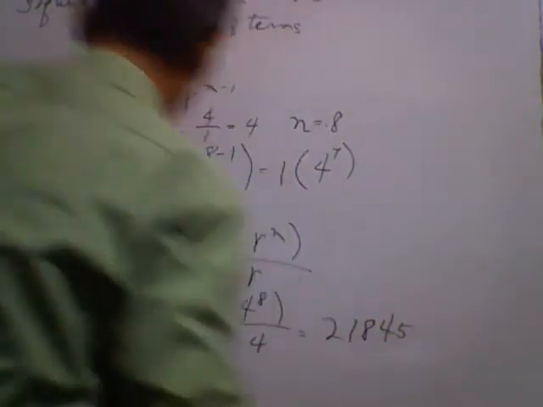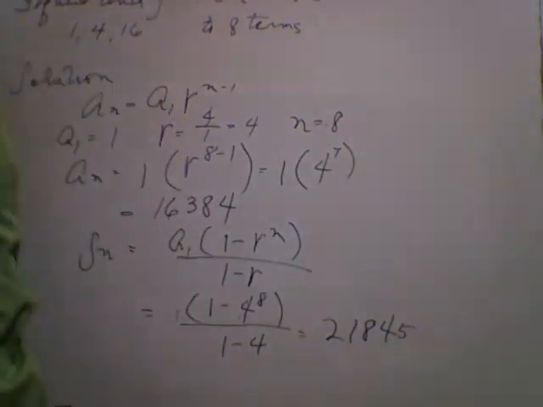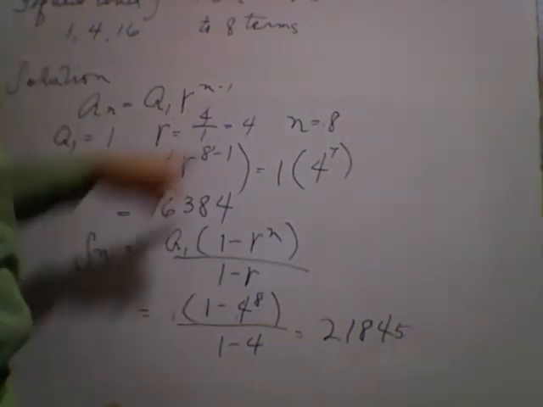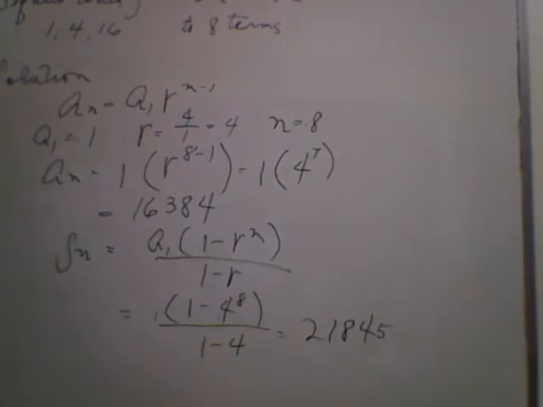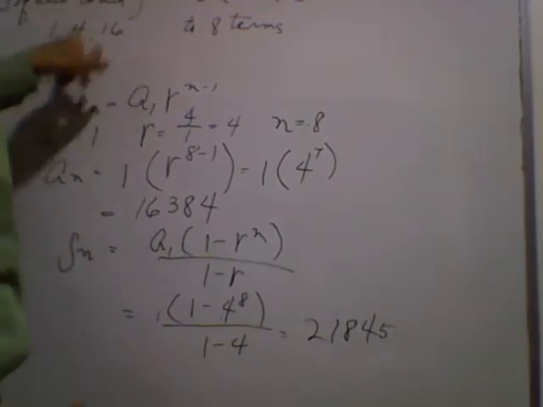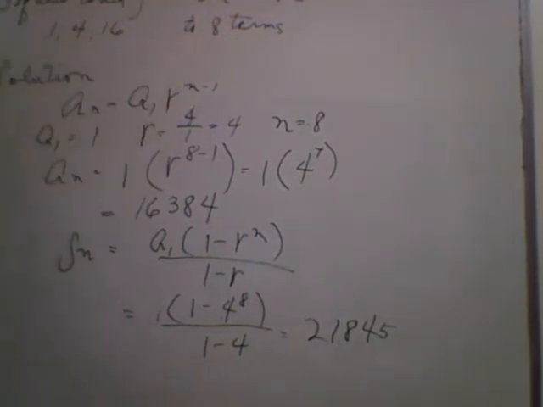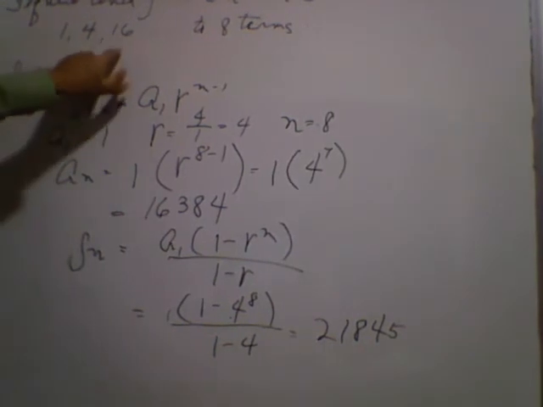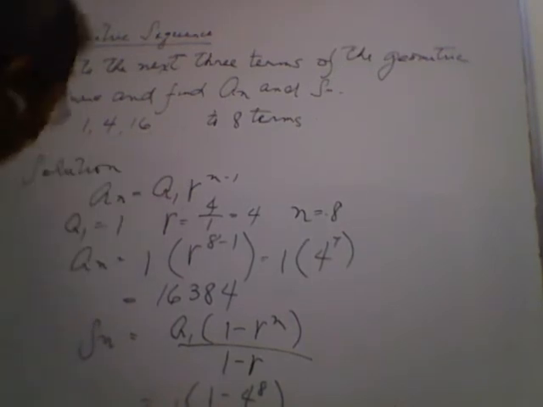So since we know R, which is equal to 4, in computing the next three terms of this sequence, all we have to do is multiply the A sub 3 by 4 to get A sub 4. So let's try multiplying.